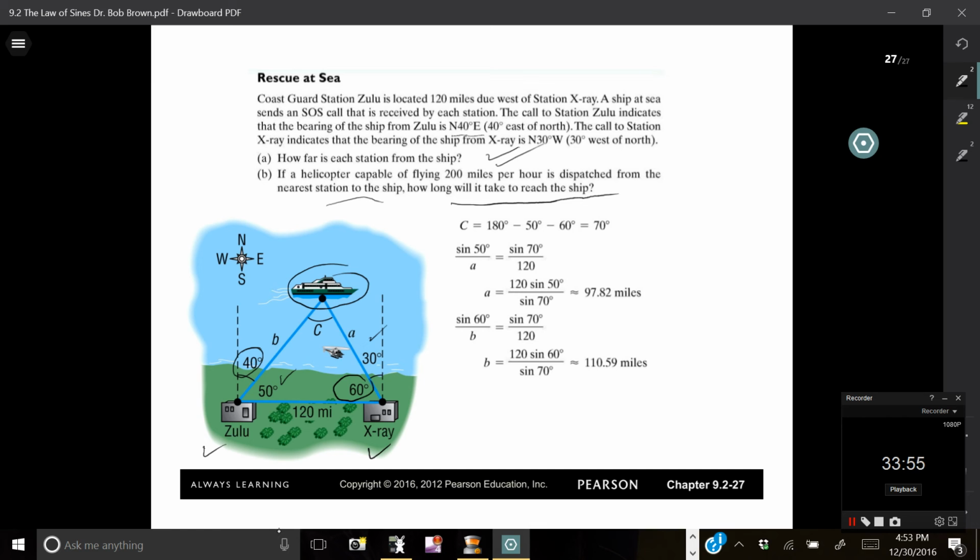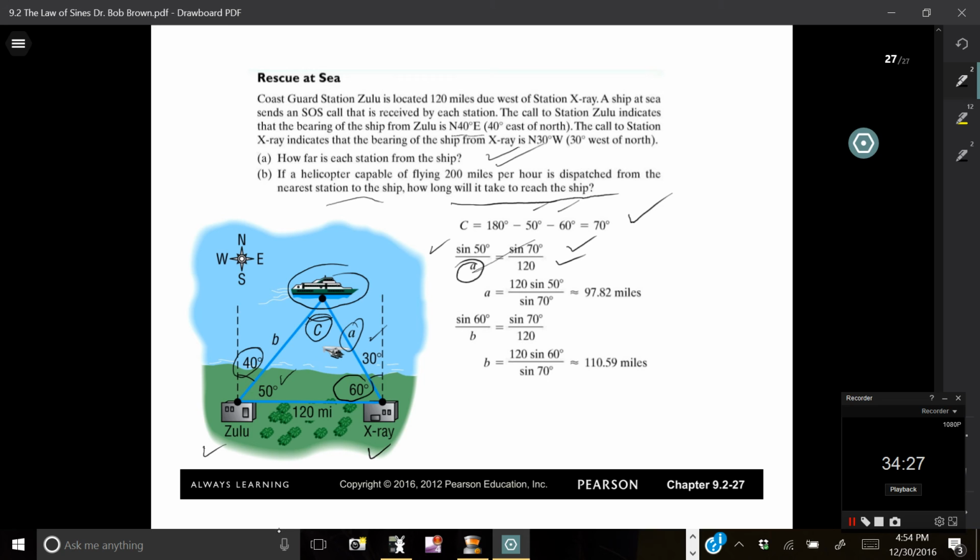So, first of all, solve for angle C up here. That would be 180 minus 50 minus 60 equals 70 degrees. Now we can use the law of sines to say that sine of 50 degrees over A, which is one distance, equals sine of 70 degrees over 120.